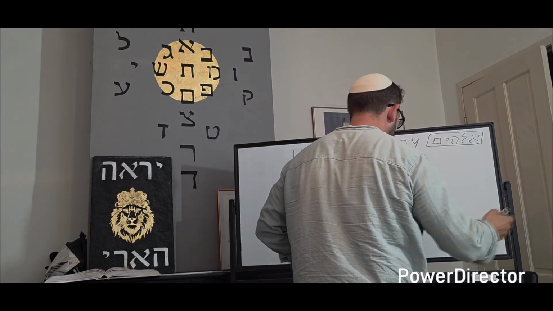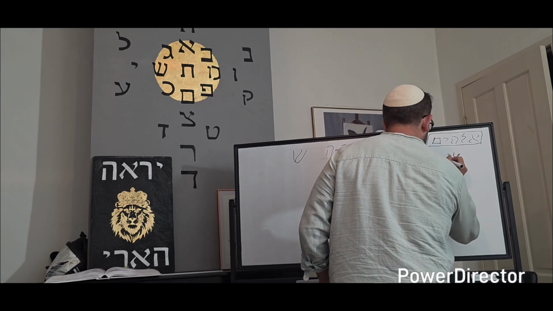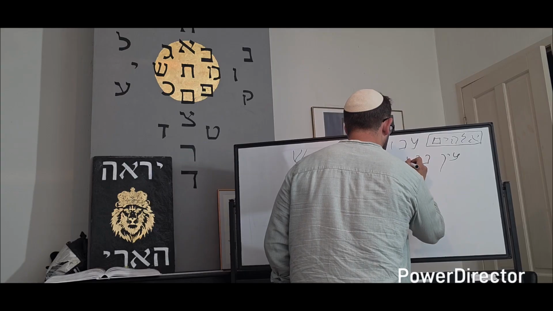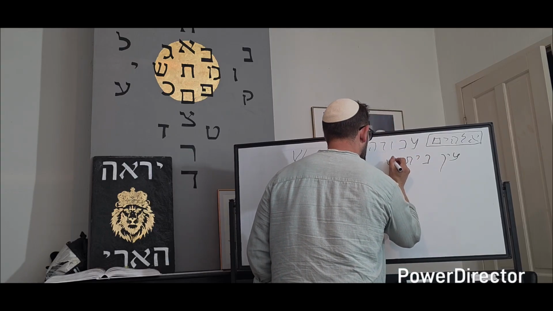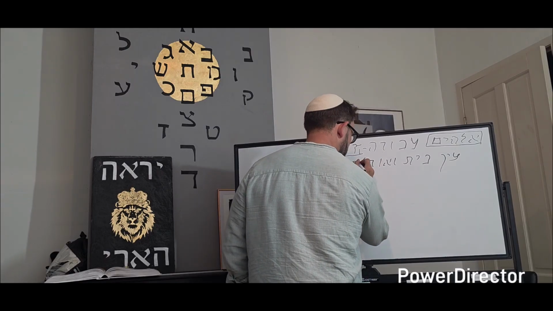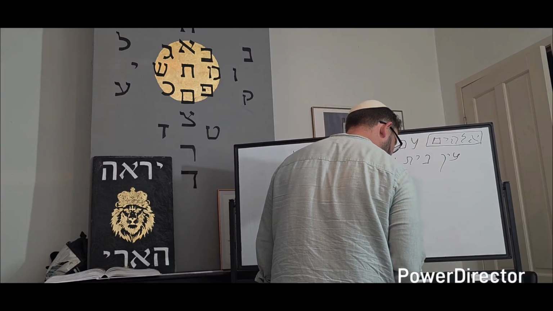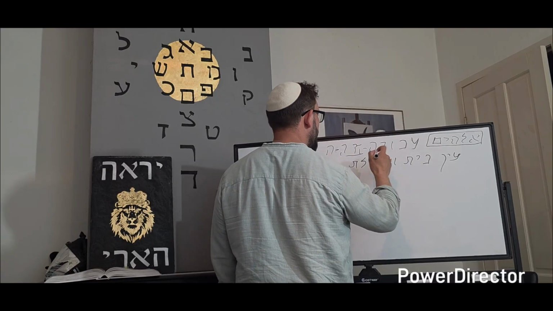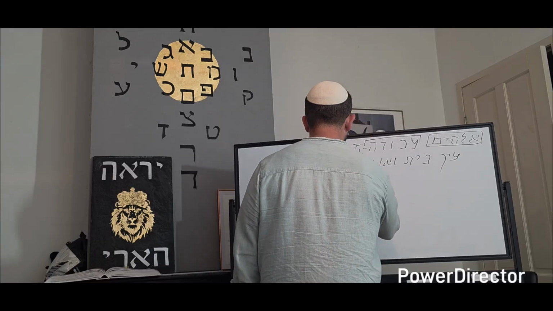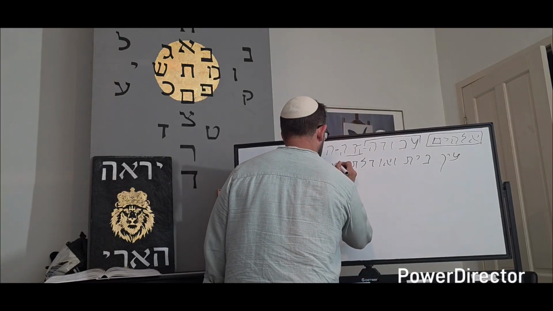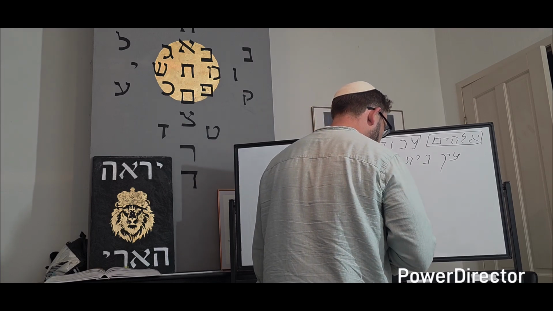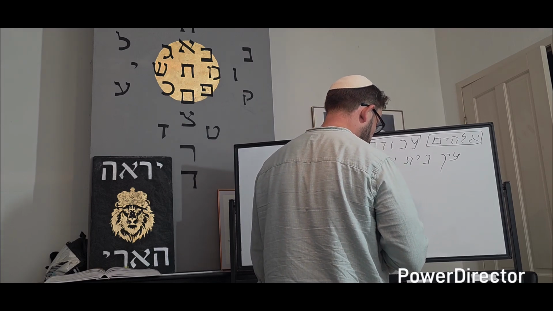So that would be Ayin, Bet, Vav, Dalet. Let me see if I did the whole expansion. Hey, no, I only did the expansion of Avodah. So, hey. That will be a value of, what values are we going to do? We're going to do ordinal.